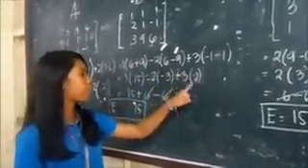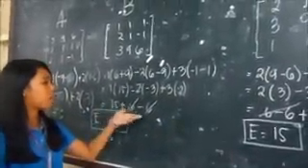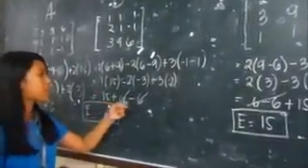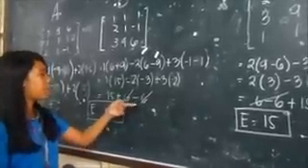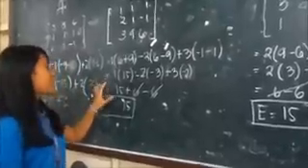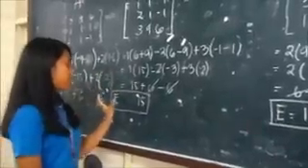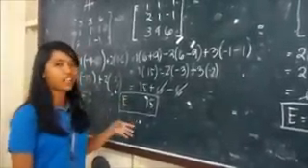Positive 3 times negative 2 is negative 6. Now, let's cross out this 6 minus 6 because the answer is 0. So the remaining answer is 15. So the second error is 15.